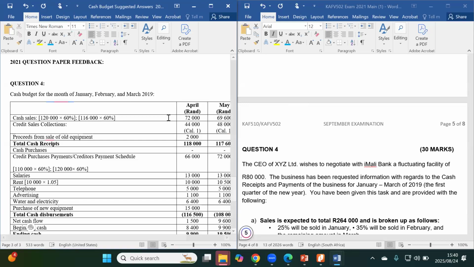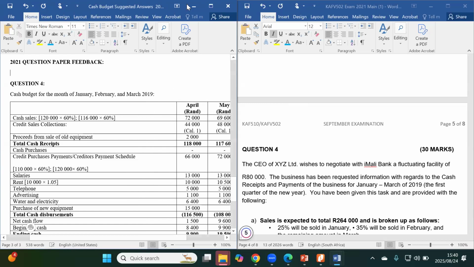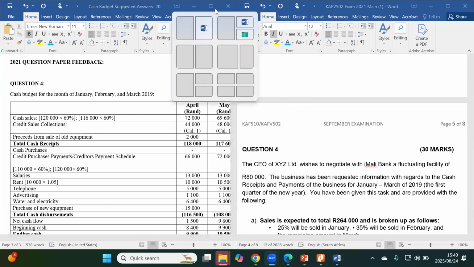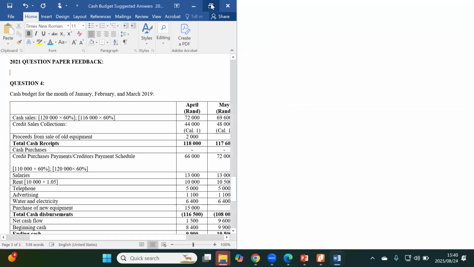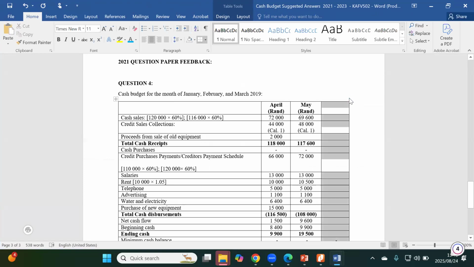Now in our format, we're just going to add another column so that we have all three required columns. There we have it.